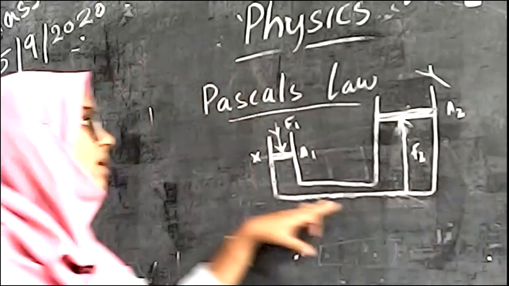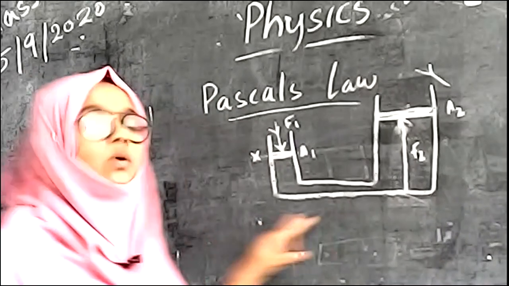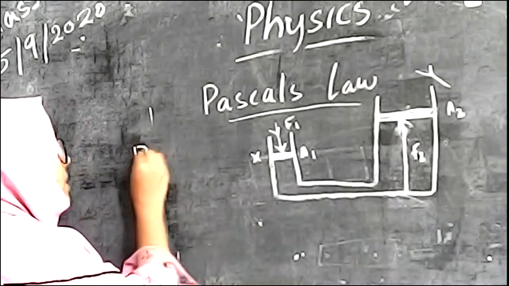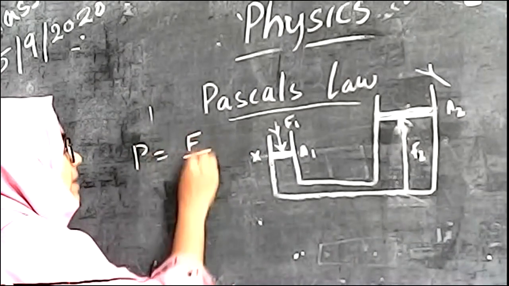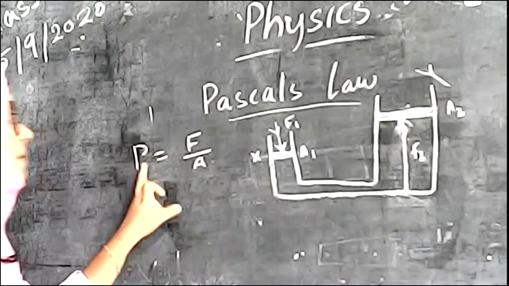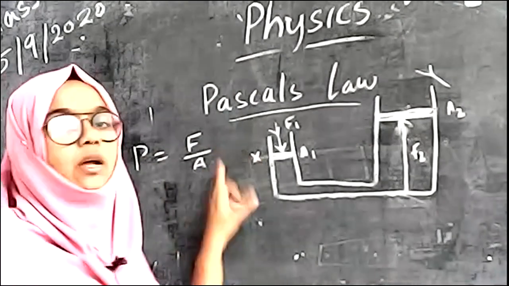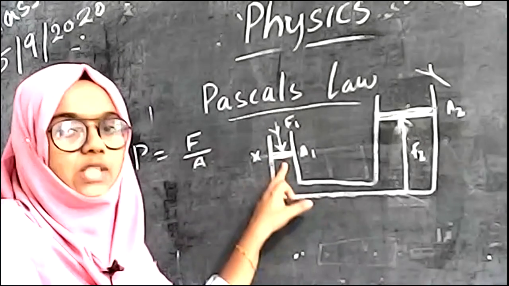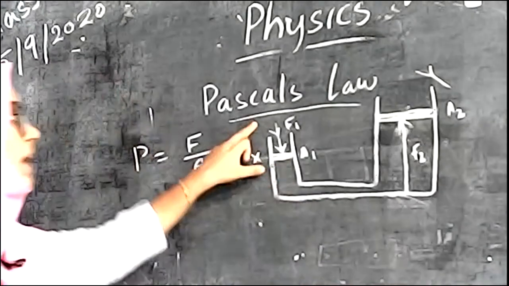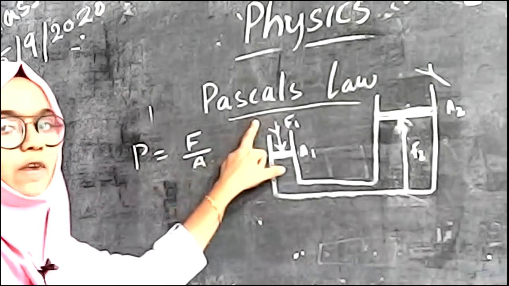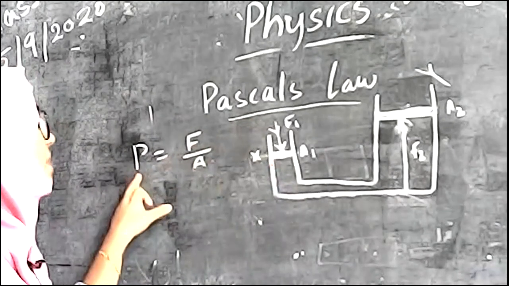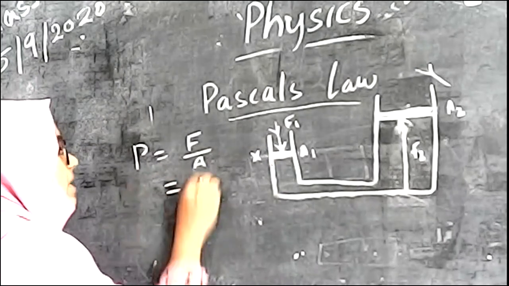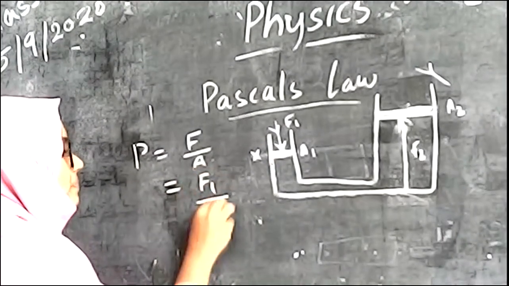Here is the pressure. Pressure P is equal to F by A, force per unit area. P is equal to F by A. Pressure is the force per unit area. And here we are applying a force F1. The pressure here is P is equal to F1 by A1.